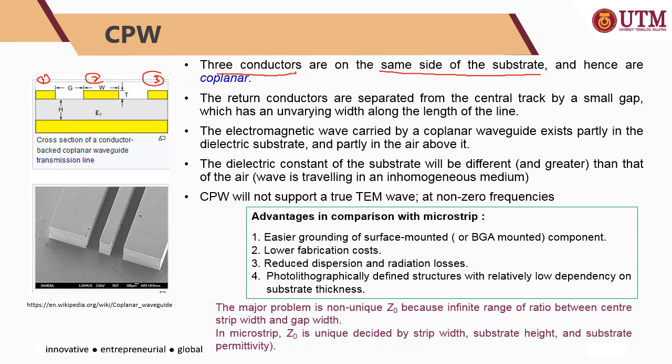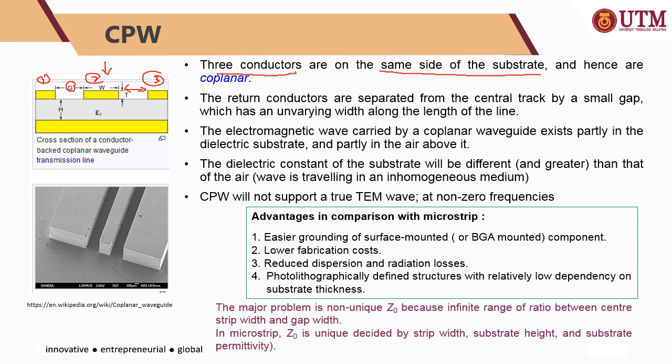Just like the microstrip line, hence it is called coplanar. Okay, the return conductors, meaning the first one and the third one, are separated from the central track by a small gap, G. Okay, the gap in between those conductors and also the central line.